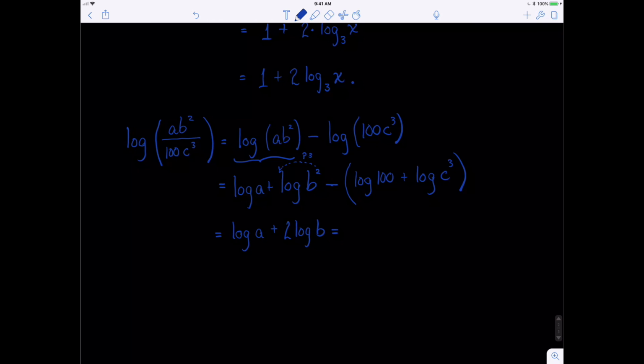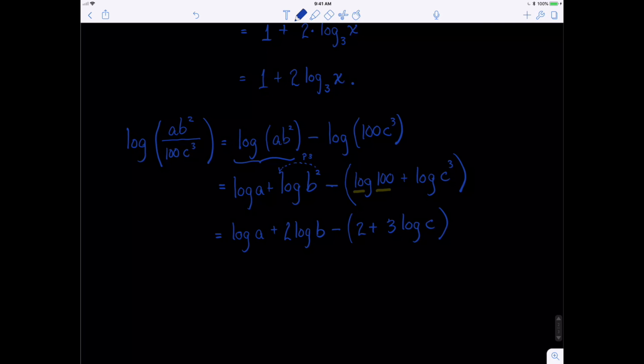So this term, the log of 100, means that 10 raised to what power is 100? And the answer is 2. So this becomes minus 2 plus, and then property 3 again, so I can write this as 3 log C.